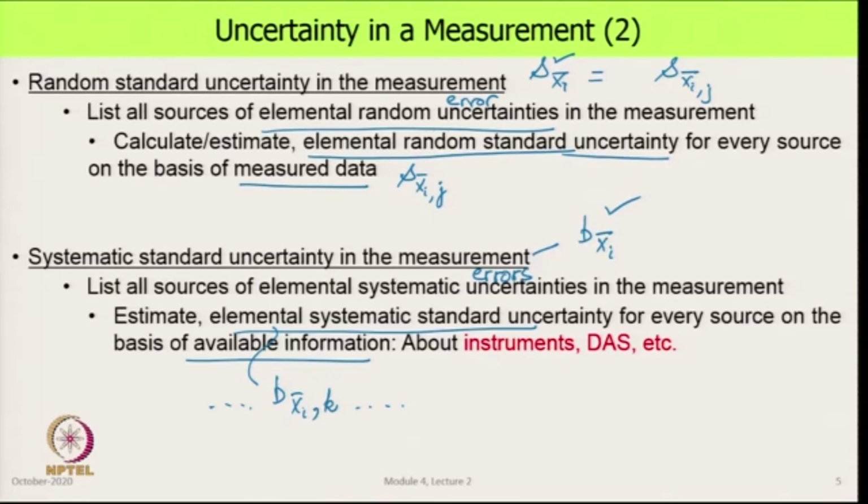So, where does this come from? This is not coming from measured data. It is coming from information about the process, our own experience, information about instruments, about data acquisition systems, and anything else that we have a reason to believe in.